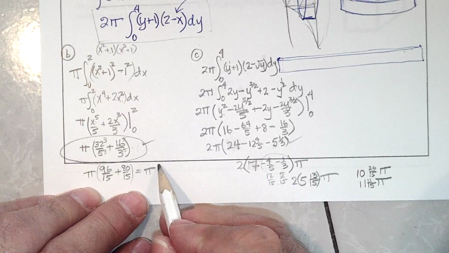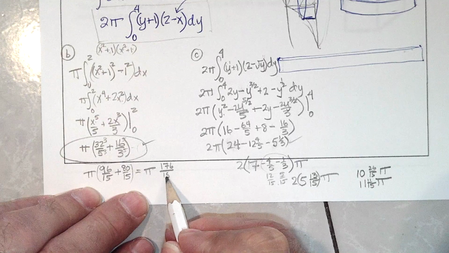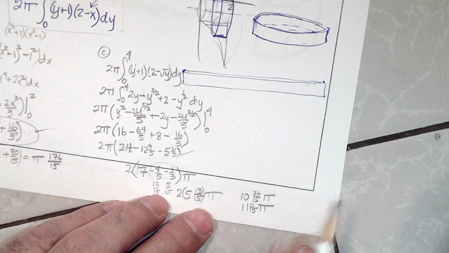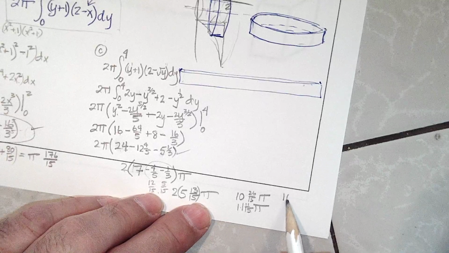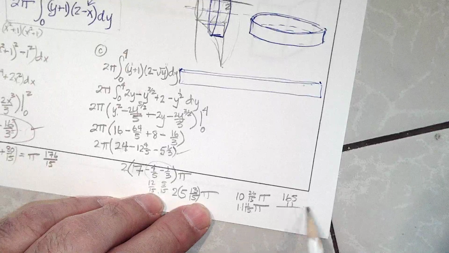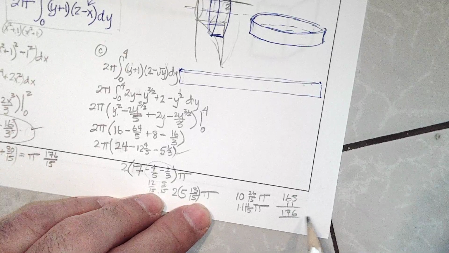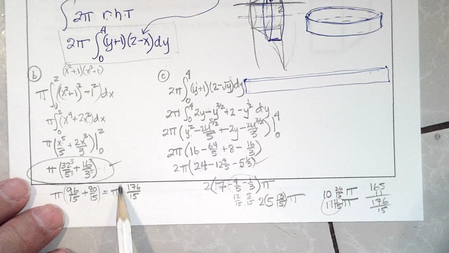That's 176 15ths. 11 times 15 is 165, plus another 11 is 176 15ths. That's what this is. That's what that is.